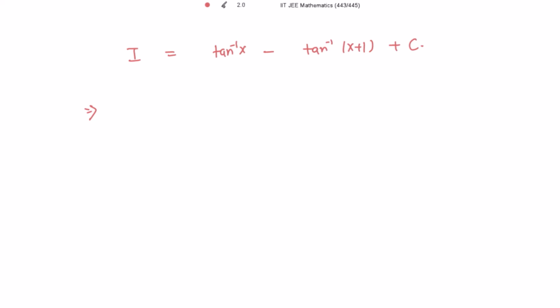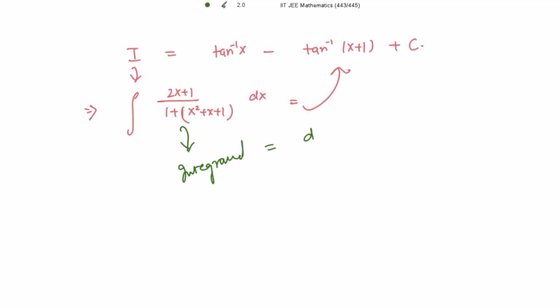So this implies, what is the integration we are having? It is the integral of 2x plus 1 divided by 1 plus x square plus x plus 1 dx, which is equal to this value, right? That means this integrand is equal to the derivative with respect to x of this right hand side, the answer, right?